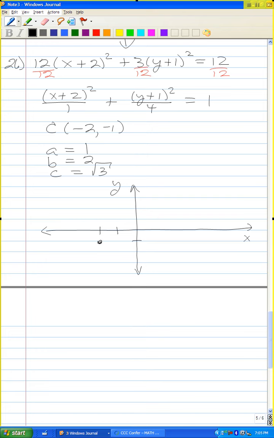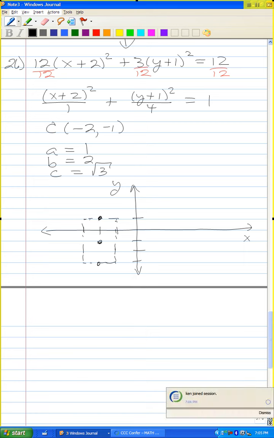I go 1 in the X, and I go 2 in the Y. So I'll go 2 in the Y, and 1 in the X. And so here are my 4 vertices.